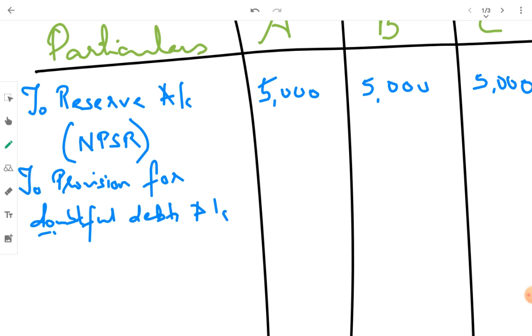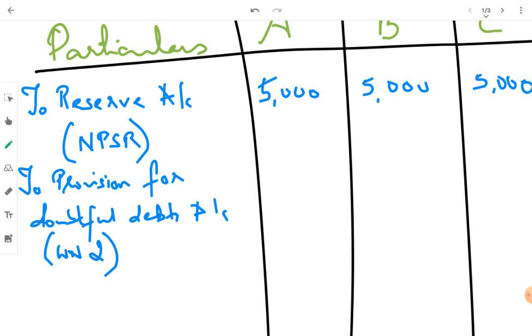And this is as per the recent working note that we made, working note number 2. And provision for doubtful debts, as we saw earlier, A and B is rupees 2,000. That is to be subdivided in the old ratio of 3:2.